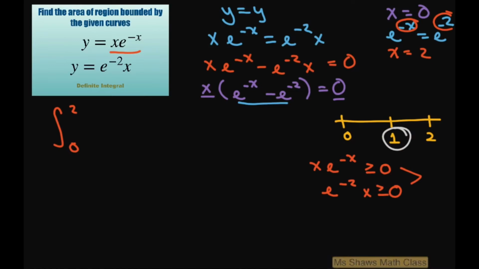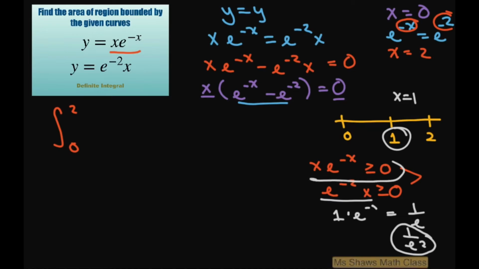If I let x equal 1, I get 1 times e to the power of negative 1, which is 1 divided by e. For the other one, if I let x equal 1, I get 1 divided by e squared. So this one is smaller because my denominator is larger.